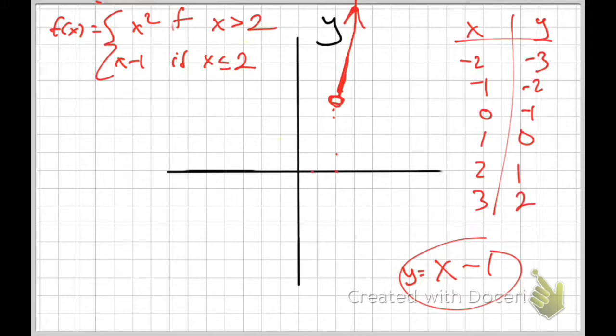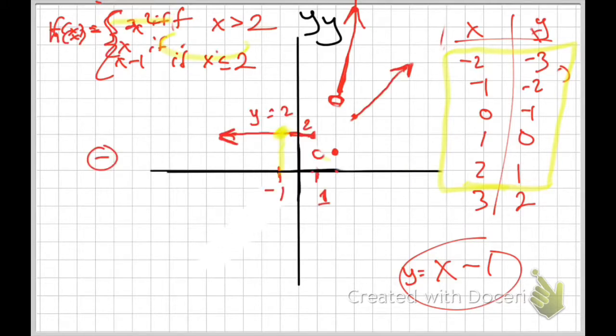So typically I graph all those points, but since I'm only taking the x values that are less than or equal to 2, I'm only going to be using these coordinates. So when I graph those, I get 2, 1, so right here.